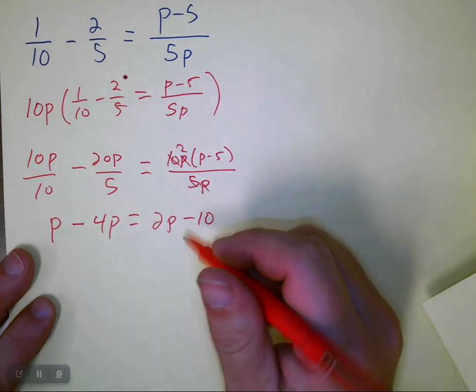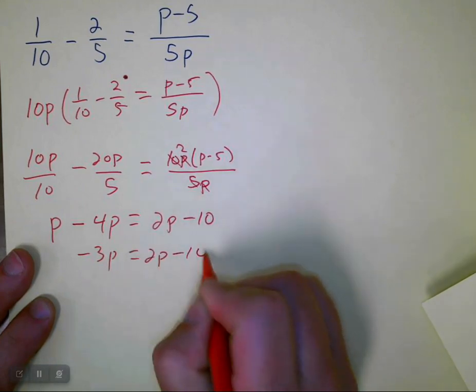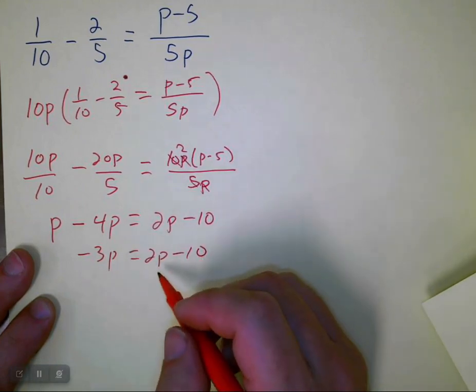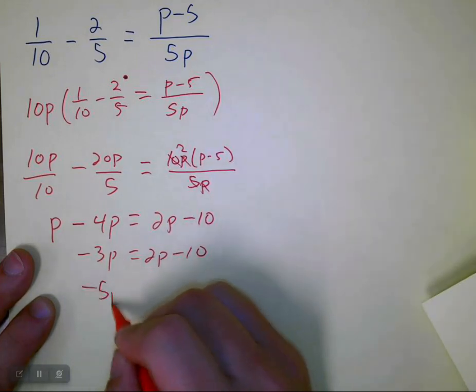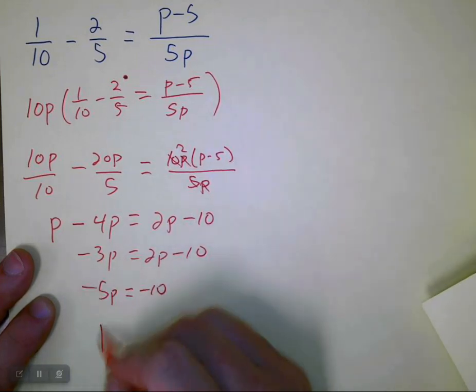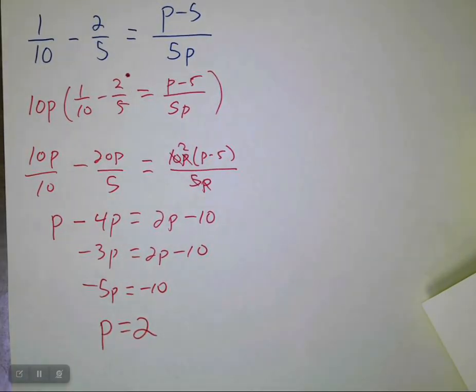So we have negative 3p equals 2p minus 10. I'm going to subtract 2p, so I get negative 5p equals negative 10. P equals 2. That's not so tough.